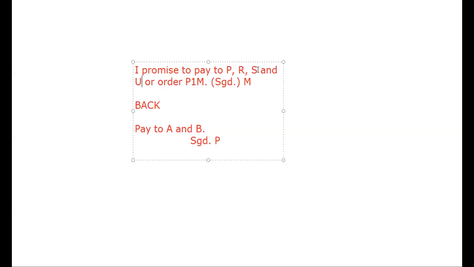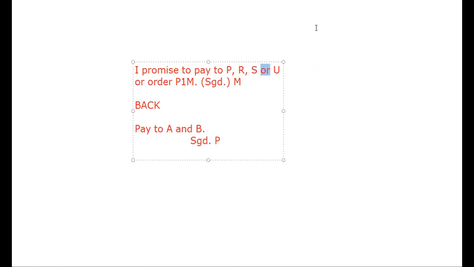I promise to pay to P, R, S, or U, or order. 1 million. Valid pa rin yan. Pero, pagdating dito sa endorsement mo, dapat yung conjunction mo, ganyan. Hindi pwedeng i-negotiate yung instrument sa iba't ibang tao having different interest. Unlike dito, kapag payable to order, dapat yung payee mo pwedeng gamitan ng conjunction na and, pwede rin yung conjunction na or.